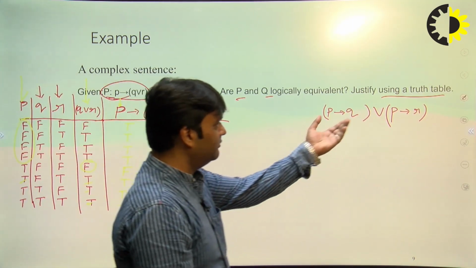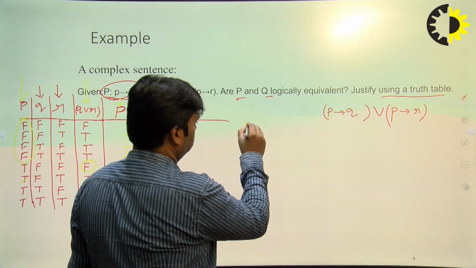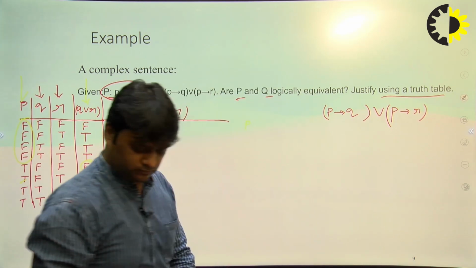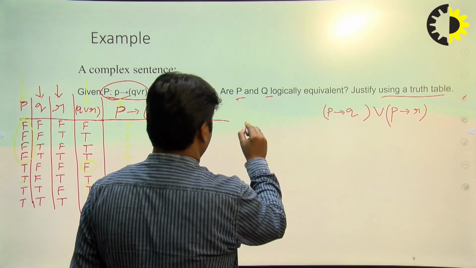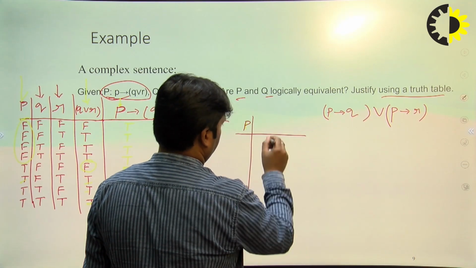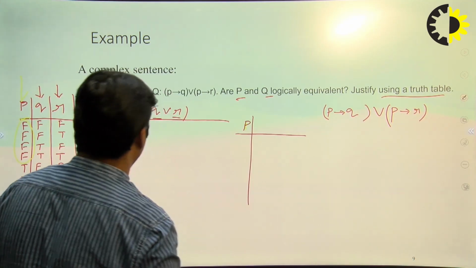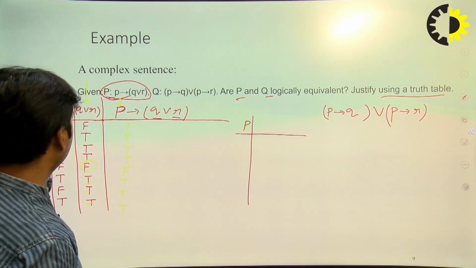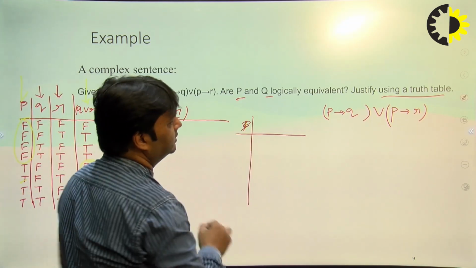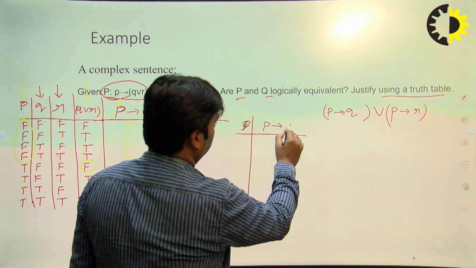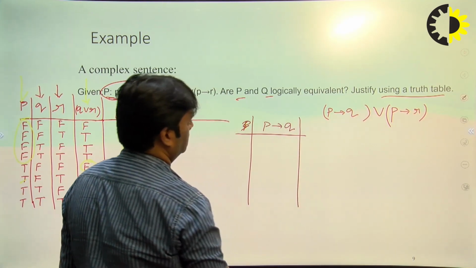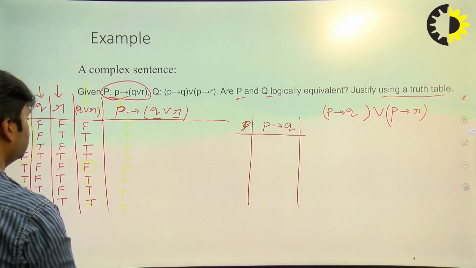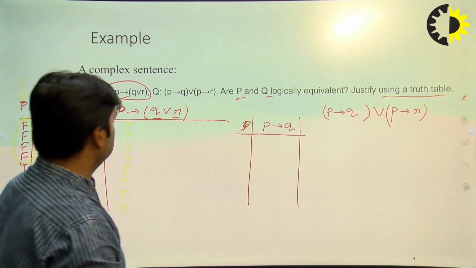Similarly, we construct the truth table for P implies Q. I am not writing everything P, Q, R. We take from this table and write here the final output for P implies Q. Where the first element is false, the output is true.